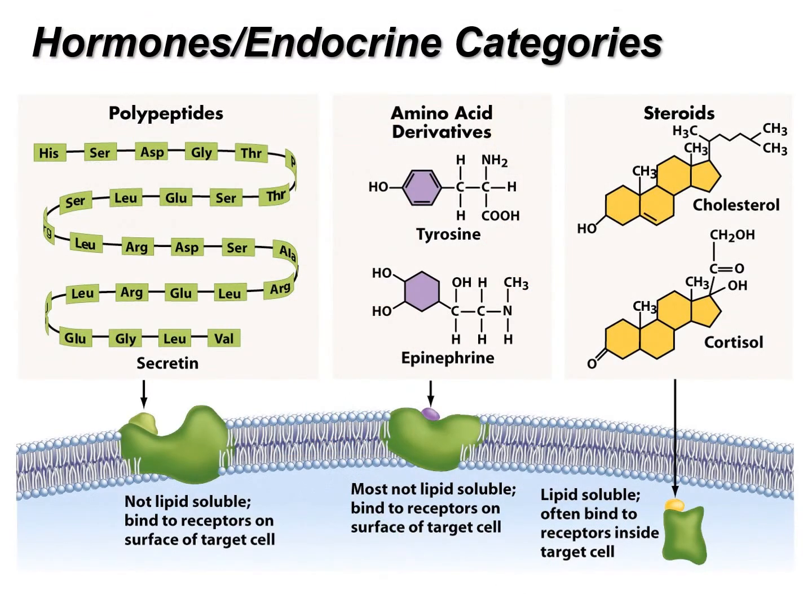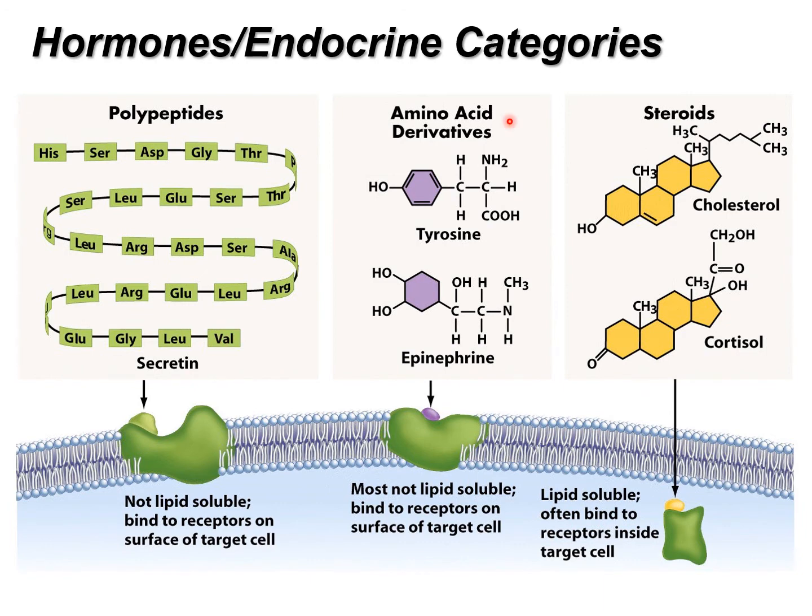In terms of the structural categories of hormones, we have three major structural categories. We have polypeptides. These are basically small protein-like molecules. Usually they don't form multiple subunit type things. They generally are one polypeptide, like for instance secretin here.